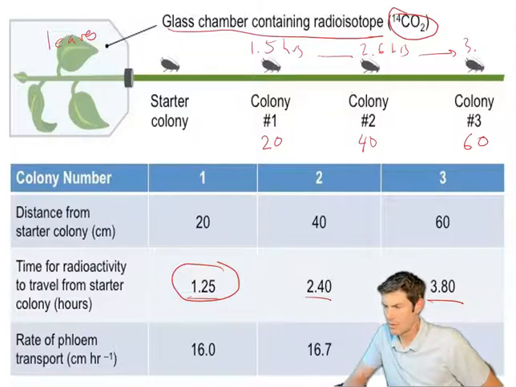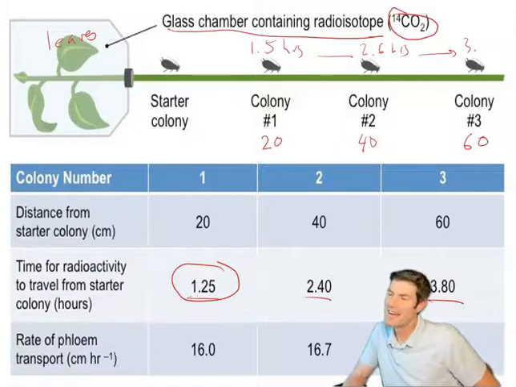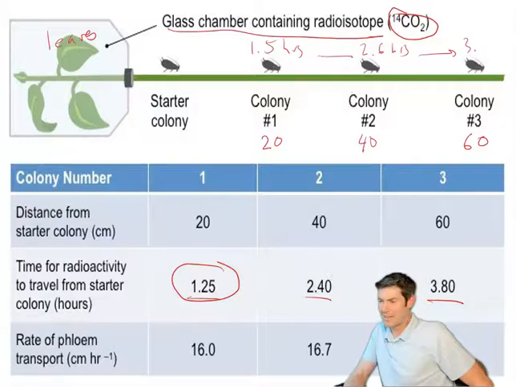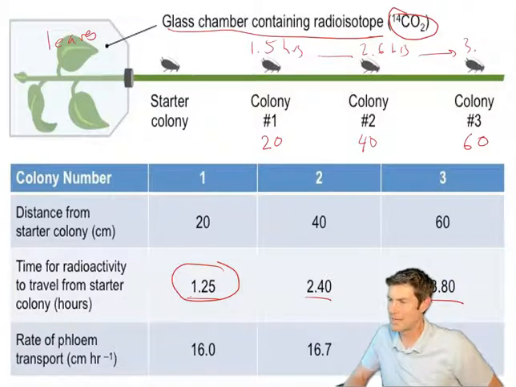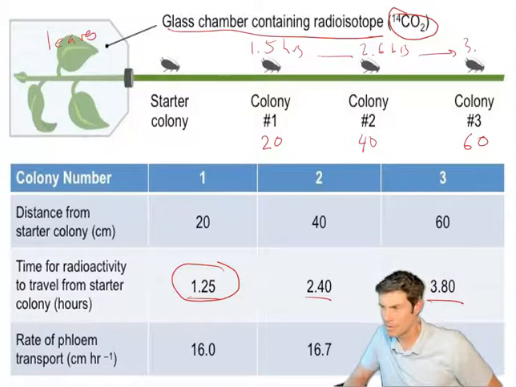I'm sorry, I get confused sometimes. Our time system is based on 60, it's base 60, while these numbers are base 10. So 1.25 would be 1 hour and 15 minutes, right? 1.5 hours, 2.4 hours, all this, and 3.8 hours.